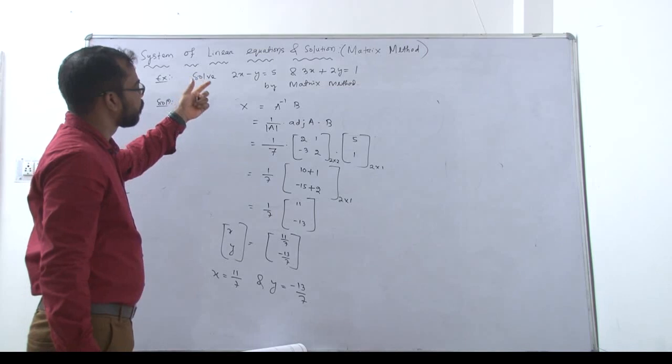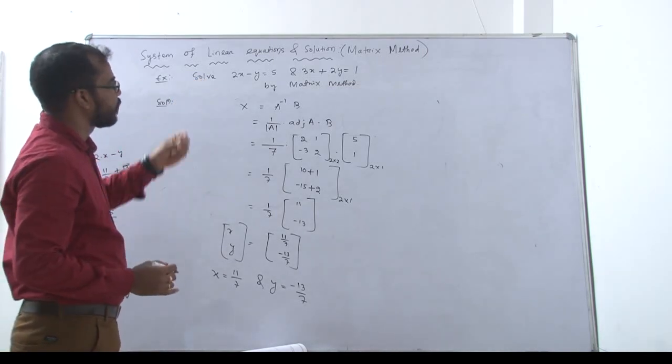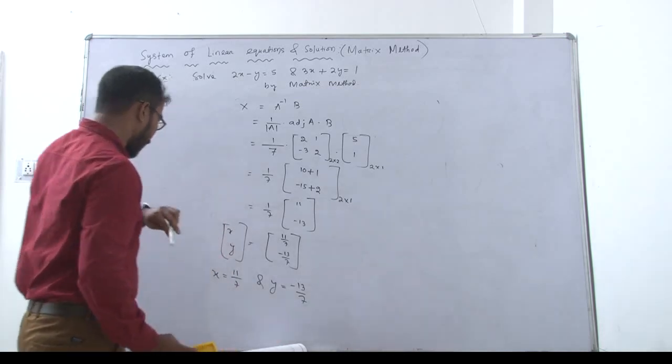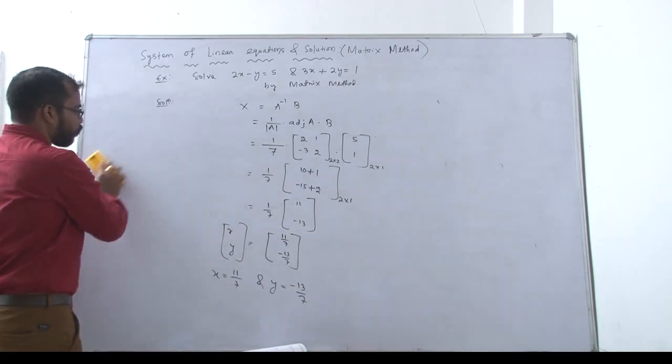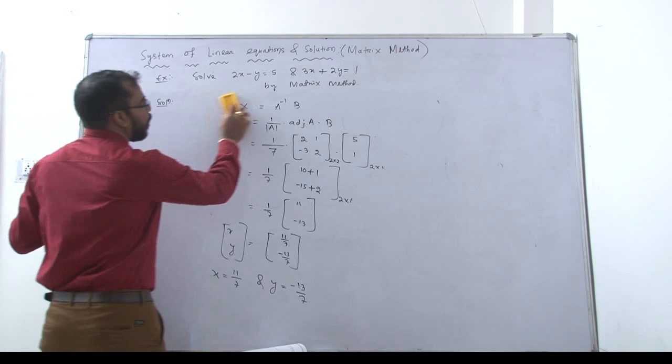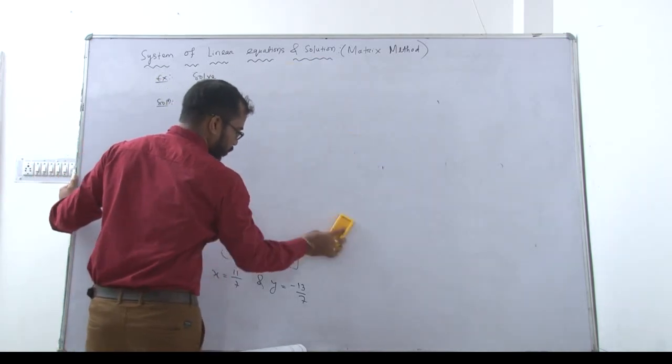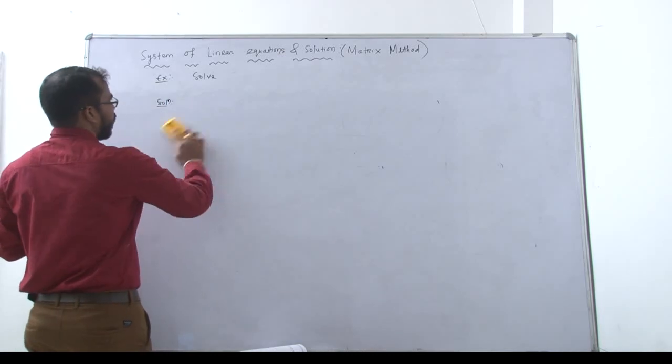We evaluated the given system by the matrix method. Now let's take another example in 3 variables, and that is a long distance category problem. So let's start.